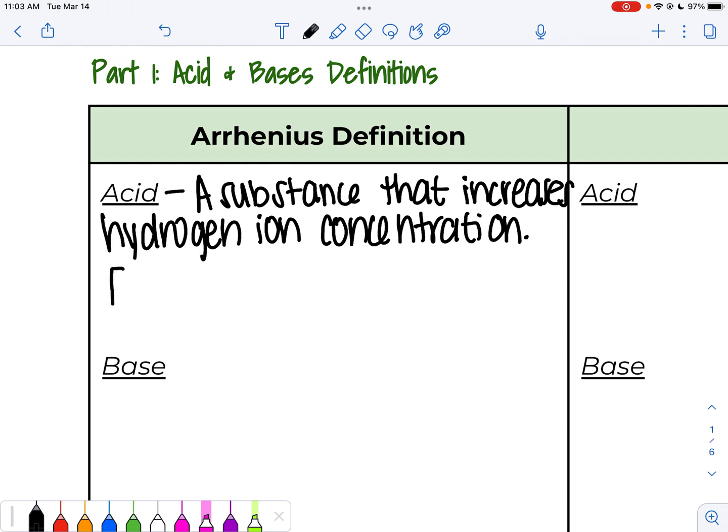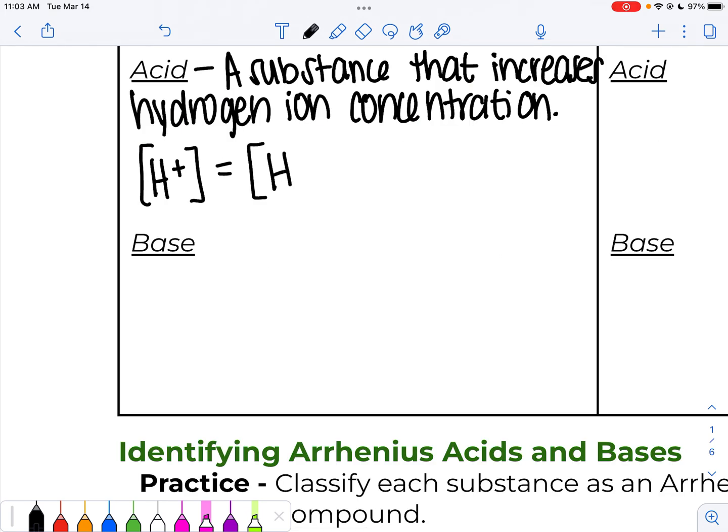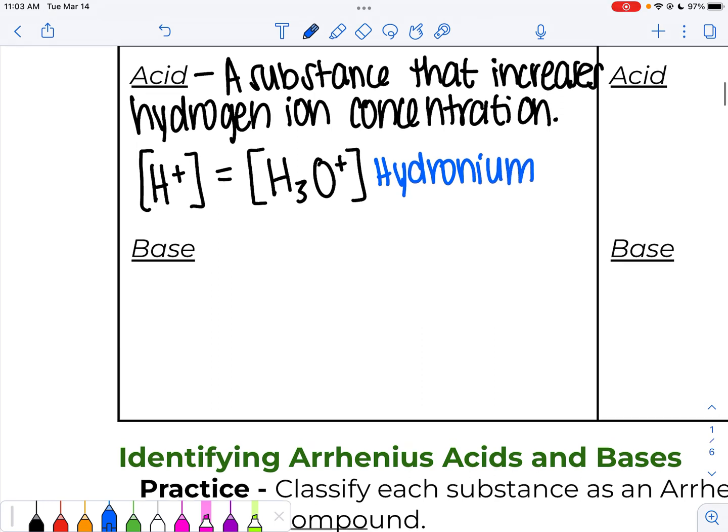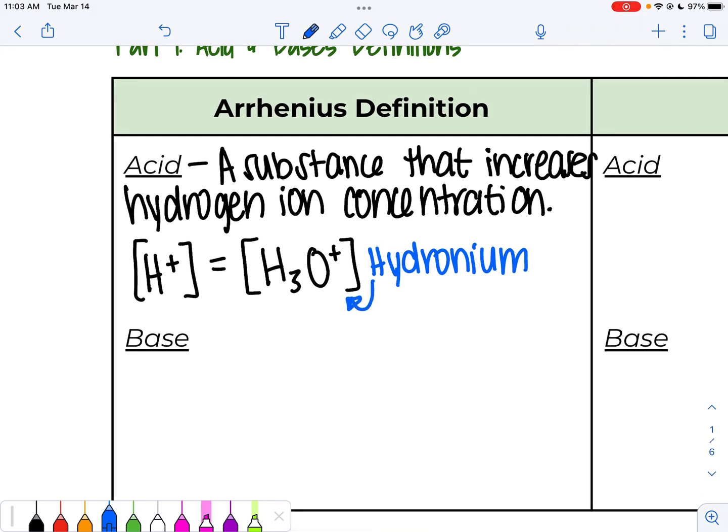So when we write hydrogen ion concentration, you may see it written like this, but what's really happening is those hydrogens are bonding to waters to produce this ion right here. This is called hydronium. But essentially, it's the same concept. You're increasing the hydrogen ion concentration in the water because you're increasing the positive charges that are in the water. So an acid is a substance that increases hydrogen concentration.